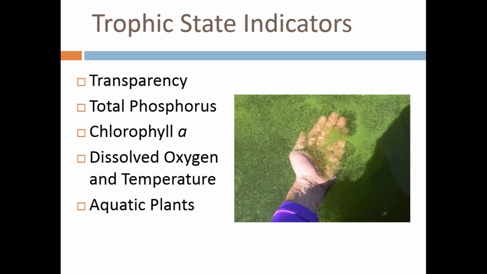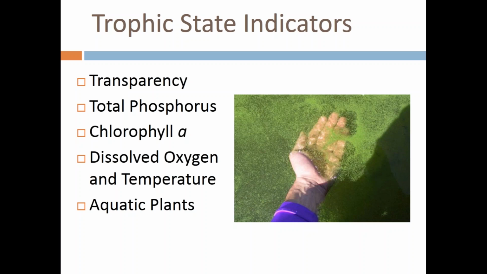So what is the algae and how does that affect the life in your lake? Do you have a lot? Do you have a little? And then the first 3 parameters listed here address that very specifically, the level of food.